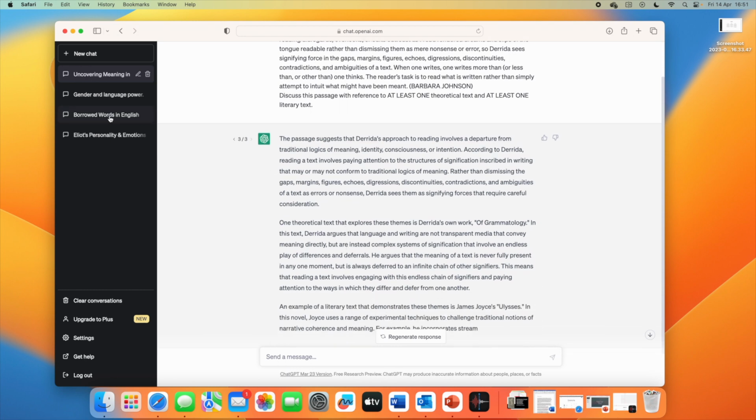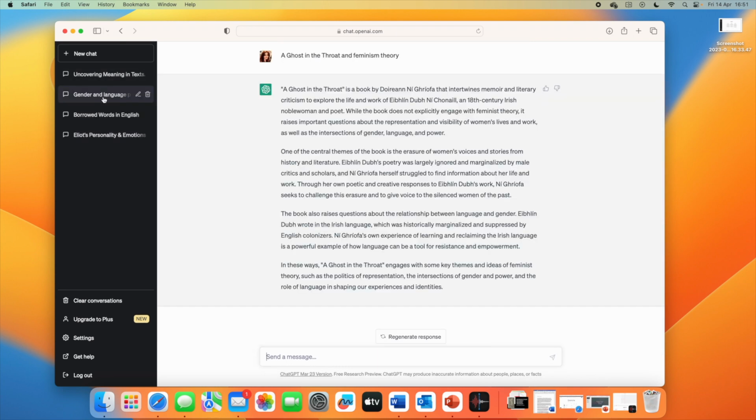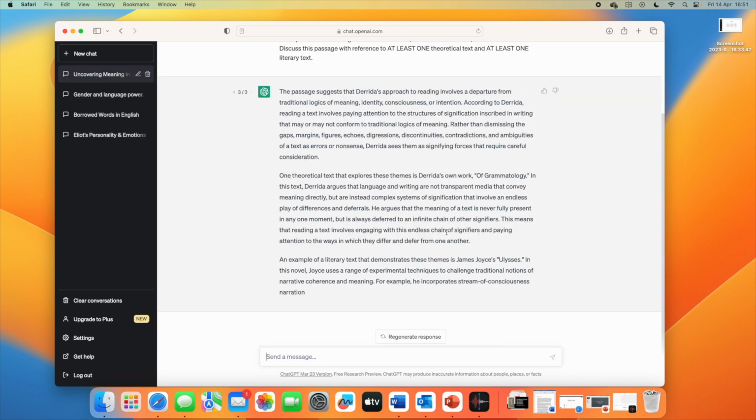Obviously, this one hasn't generated that as much, but I hope that was helpful to see how I use ChatGPT to approach my essays. I would highly recommend that you do not use ChatGPT to write your essays.